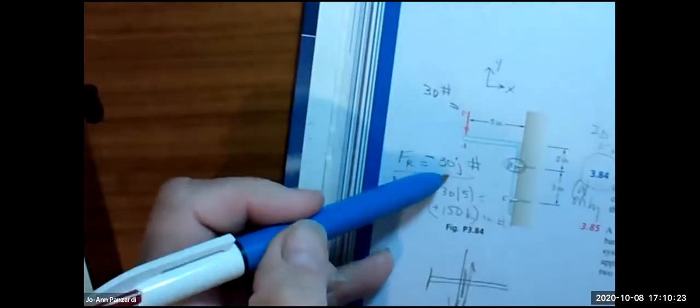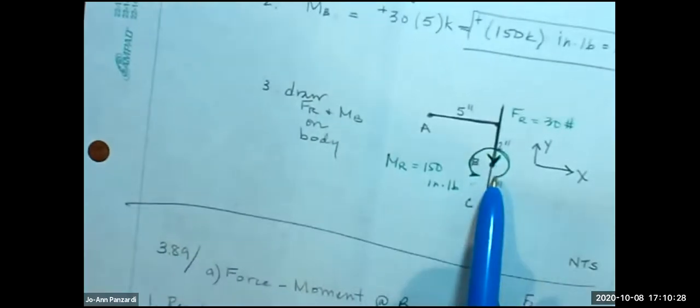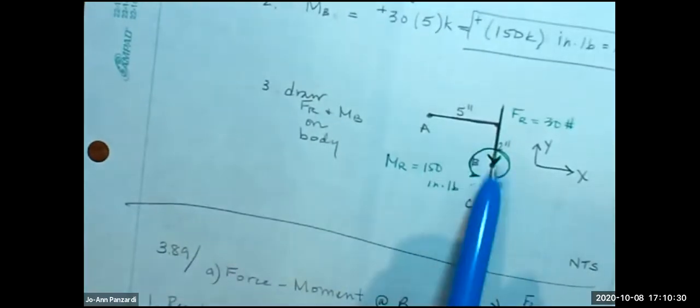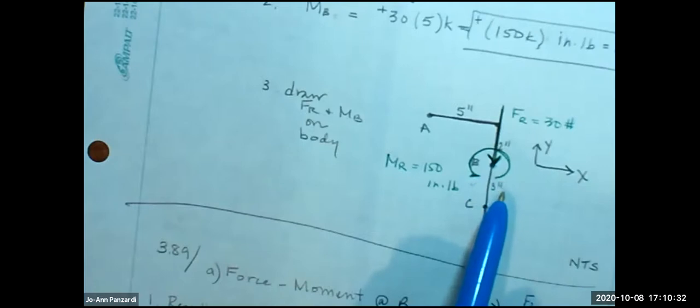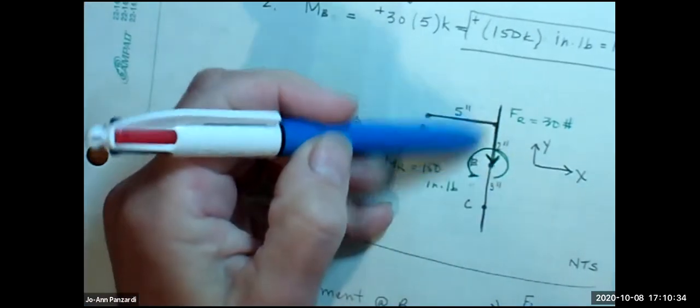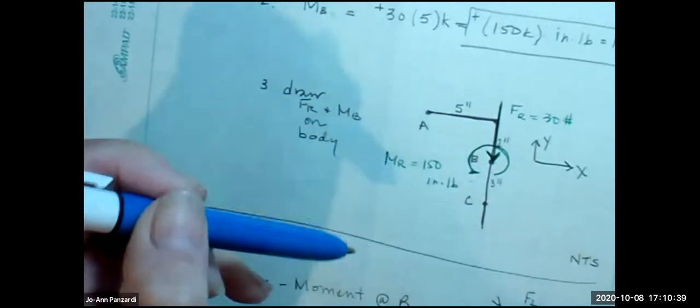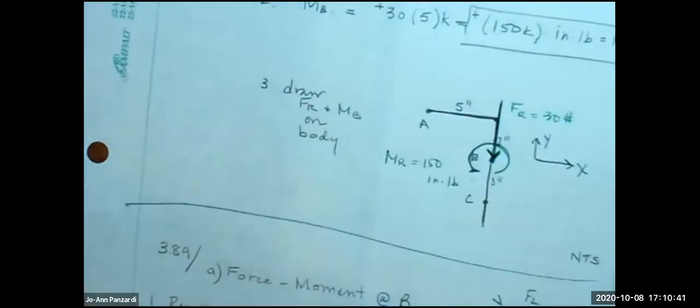Tony, okay. This P force is trying to push this bracket down. If I only draw the moment here and I don't draw the force, this bracket is only being caused to spin. This bracket is being pushed down 30 pounds and spun 150 inch-pounds at this point. Okay.